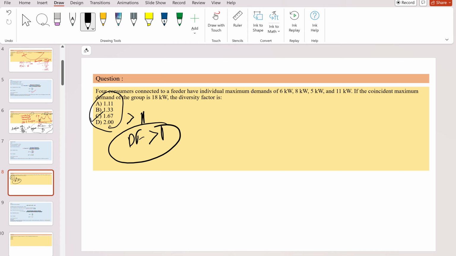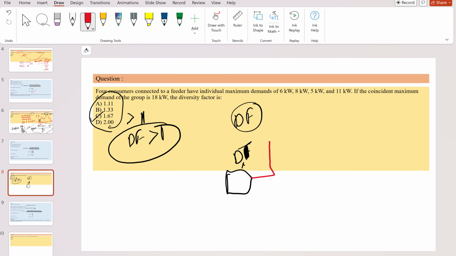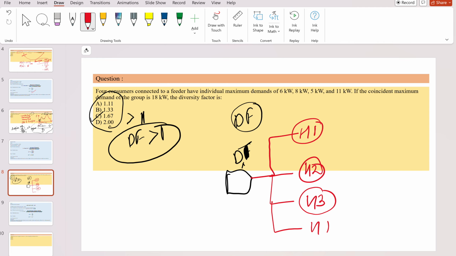So what is actually the diversity factor? Suppose there is a distribution transformer, and it is connected to multiple houses. Suppose it is connected to house number 1, house number 2, house number 3, and house number 4. So suppose four consumers are there, and this is the feeder.